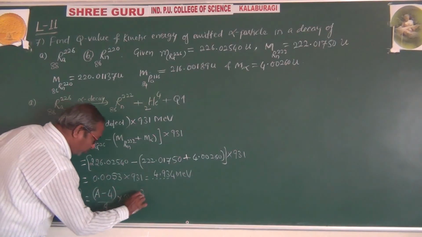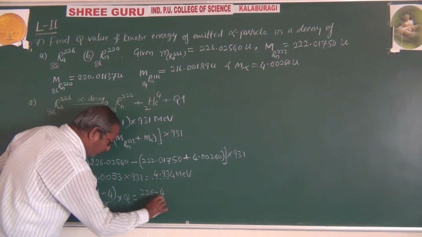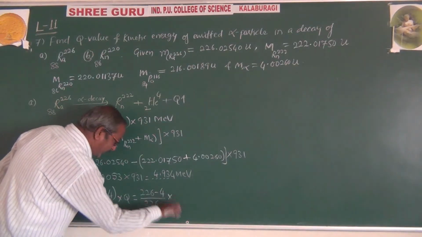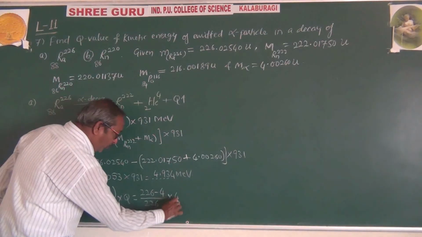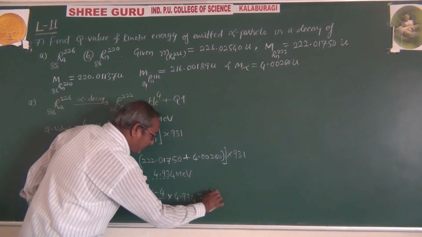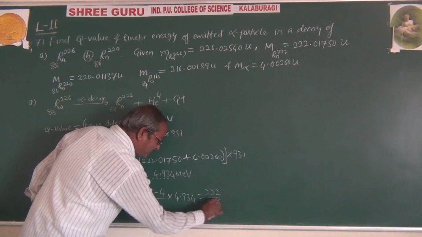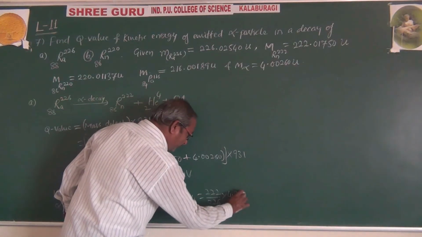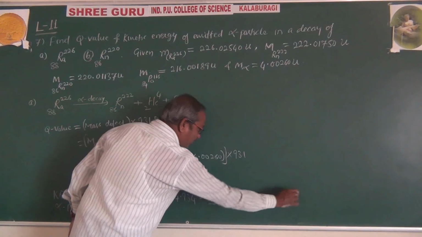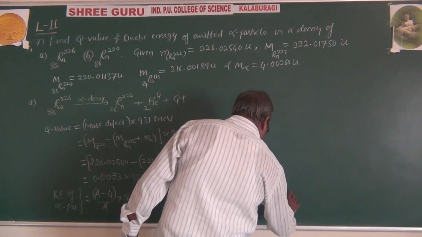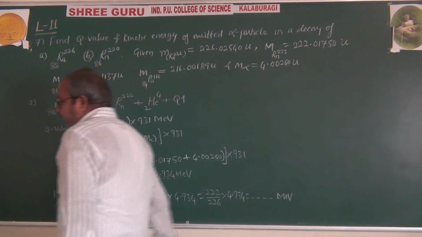Here this is 226 minus 4 divided by 226 into 4.934. This is equal to 222 divided by 226 into 4.934. This gives the value of the kinetic energy of the alpha particle.